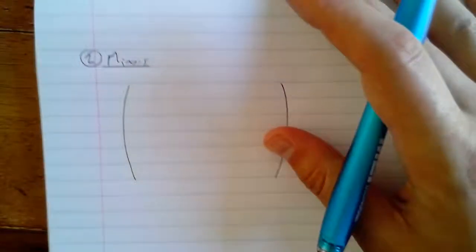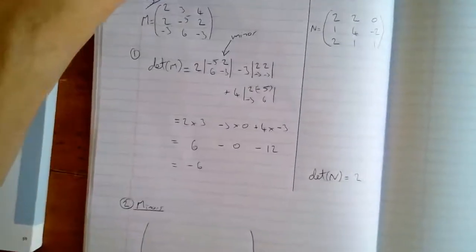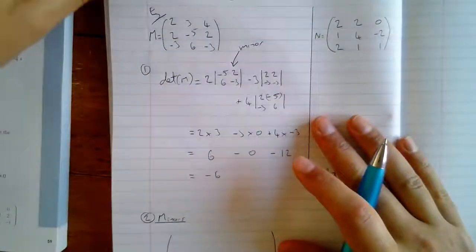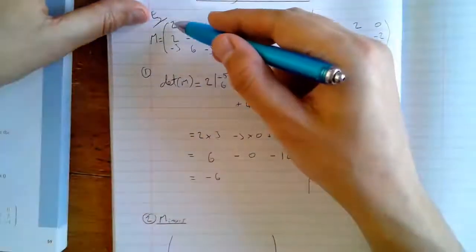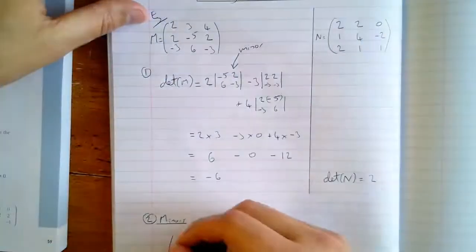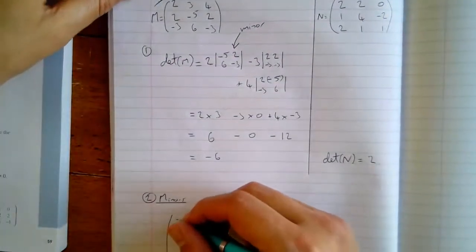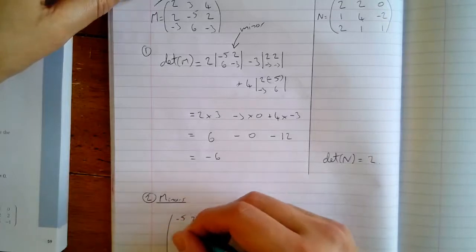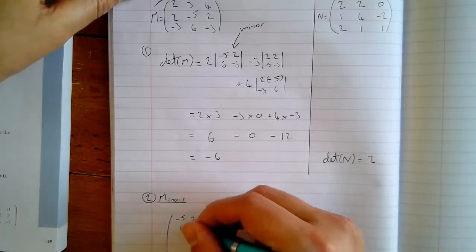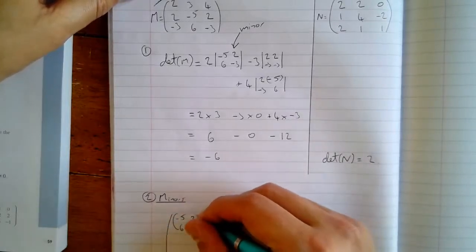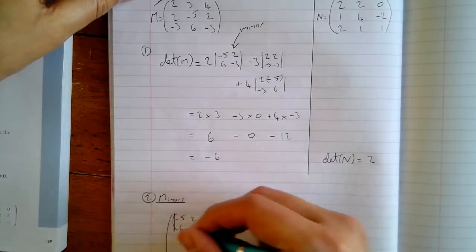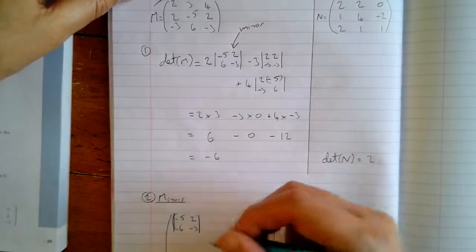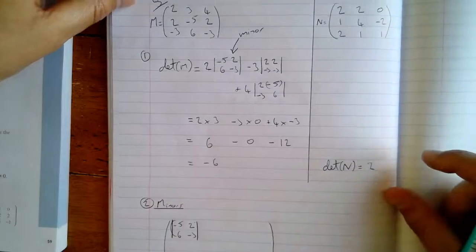Okay, so looking at the original matrix, let's put this camera up a bit so I can see. We already know what the first minor for 2 is, it's this. So I'm going to stick this in here, minus 5, 2, 6, minus 3, and these need to be obviously determinants. I need to do that for each one.